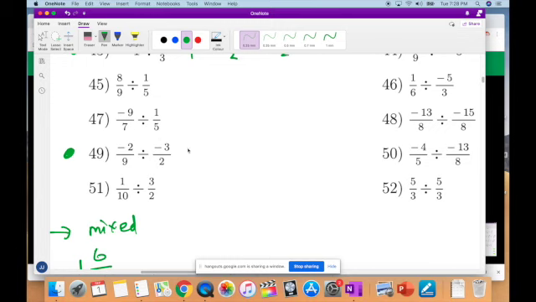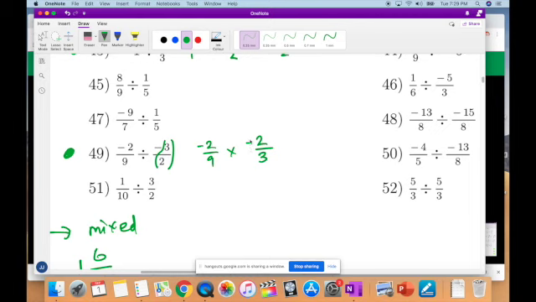Nice. Same thing here. They're both negative, so you could expect the answer to be positive. So I'm going to have negative 2 over 9 multiplied by negative 2 over 3. So you see I inverted here. Even though the negative is in front of the 3, because there is a negative there, it means that the entire fraction is now negative.